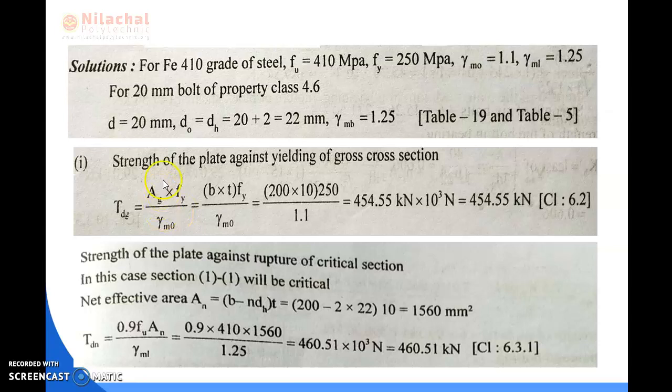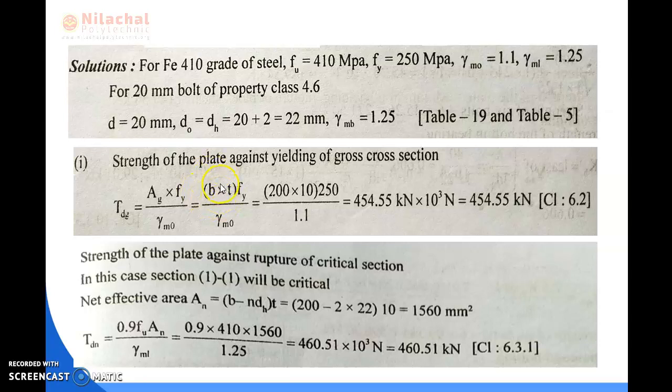Now Ag is the gross area of the plate section. We know that the dimension of the plate is 200 into 10, so Ag is calculated as B into T, that means width of the plate into thickness of the plate.